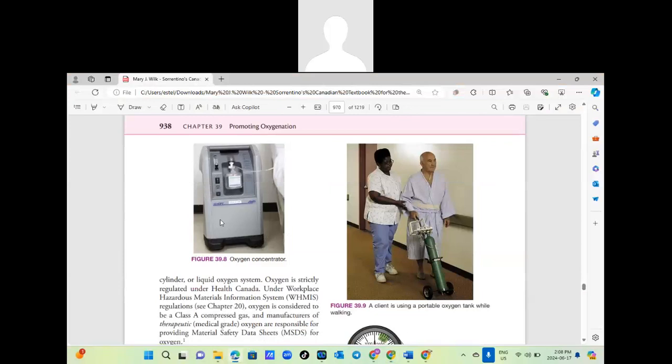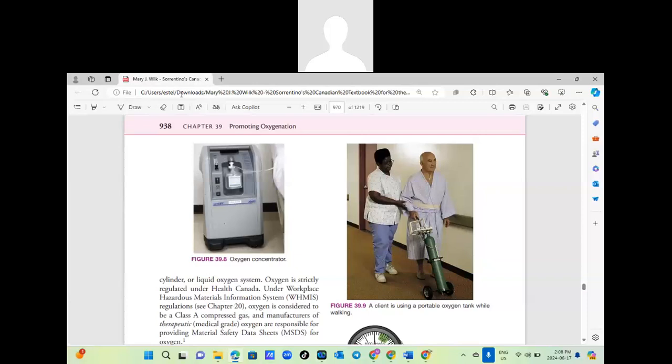It makes oxygen by taking in room air. It suctions the room air and filters out the oxygen. So again, it must be plugged into the grounded electrical outlet. Because the oxygen concentrator makes the oxygen, it does not need to be replaced or refilled regularly.